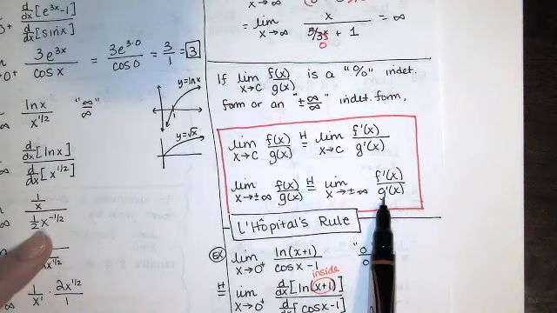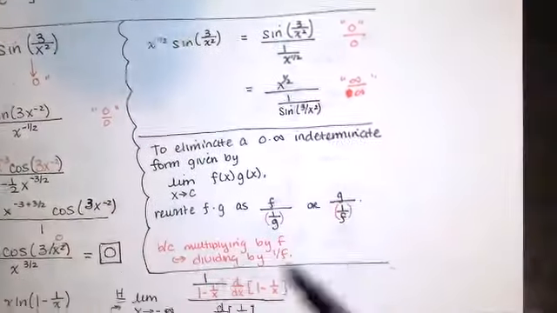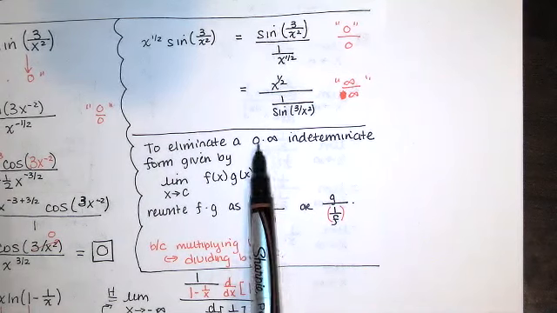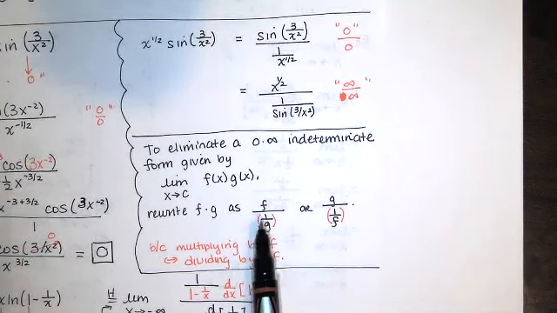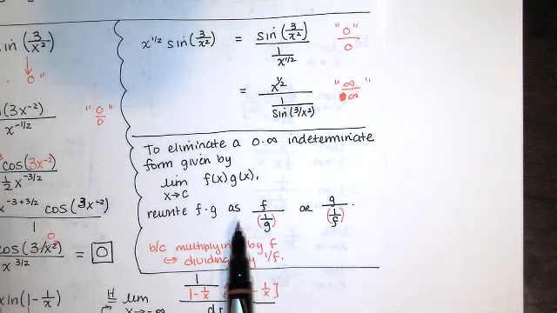That's L'Hôpital's rule. Now, if you have a 0 times infinity indeterminate form, you have to do this technique that we talked about. You've got 2 functions multiplying each other, and we've got this type of indeterminate form. You pick one of them, and you divide by 1 over that function.